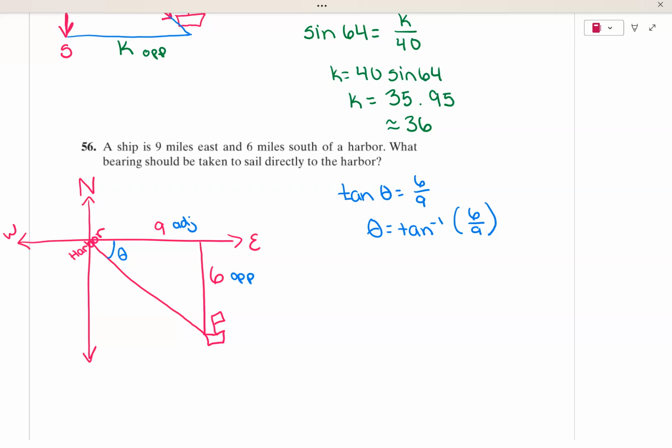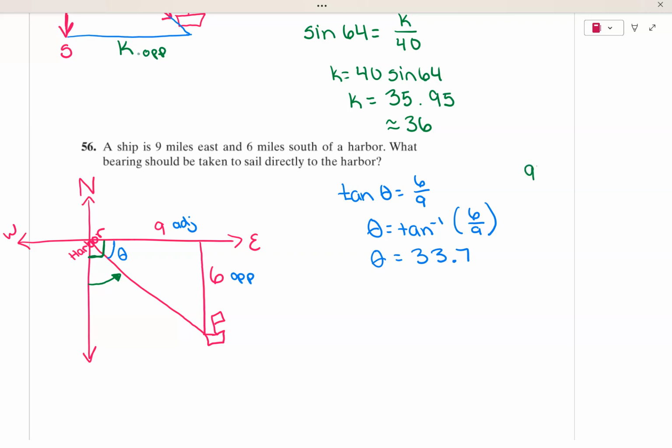So shift tan 6 divided by 9. So 30, let's just call it 33.7. Okay. So let's see what's going on here. So we know that this makes 90 degrees. So let's see if we can figure out what this would be here.